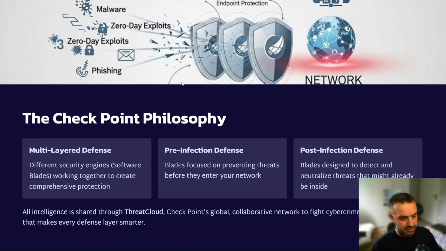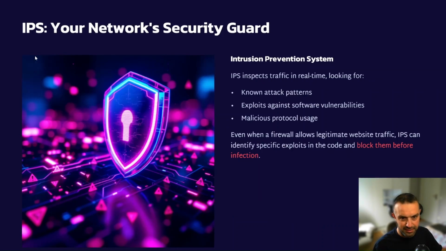So first, let's meet IPS, or the Intrusion Prevention System. IPS is your network's frontline security guard. It inspects traffic in real time, looking for known attack patterns, exploits against software vulnerabilities, like for example Microsoft or Adobe products, and malicious protocol usage.